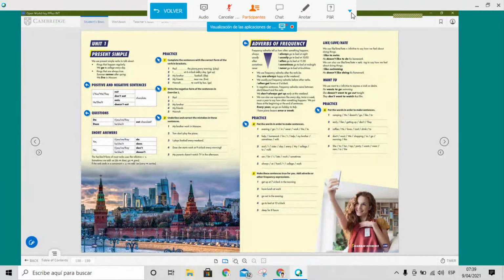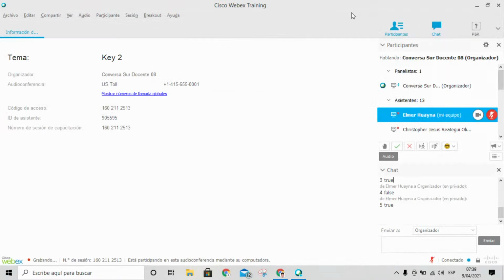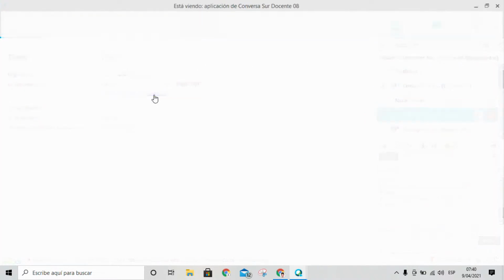And for practicing this, you go to Canvas also for quizzes. Okay? And in quizzes, you will find the practice for this grammatical point.